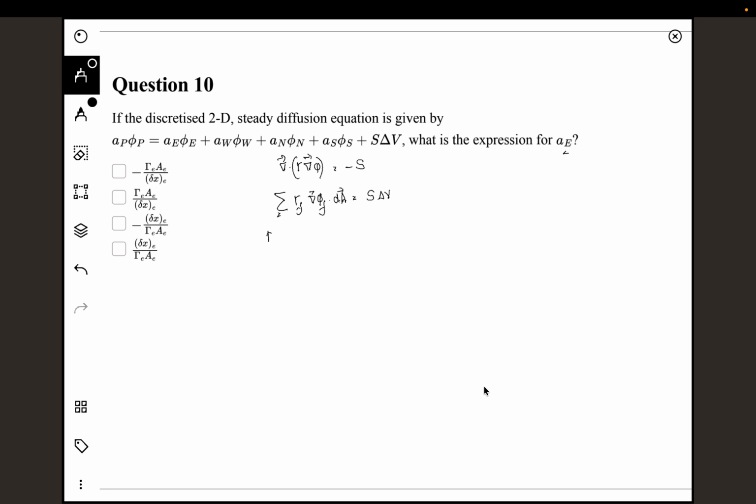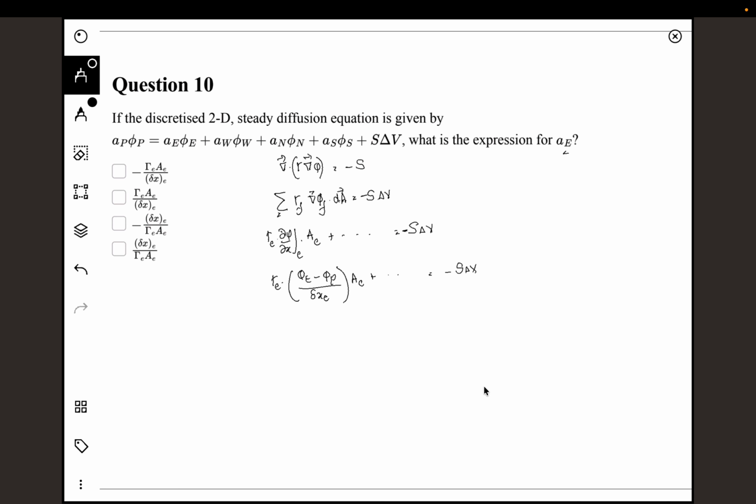For the east face, this will be gamma e times del phi del x on the east face times A east, and so on. The other terms will be there. So this will become gamma east times phi east minus phi P by delta x east times A east.